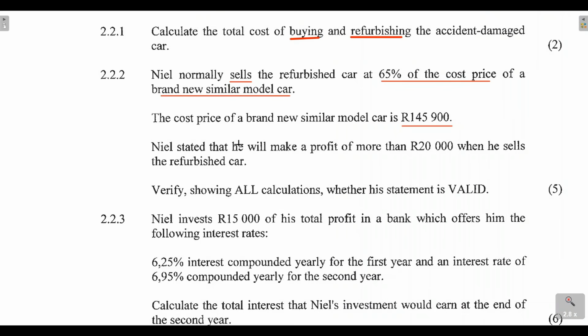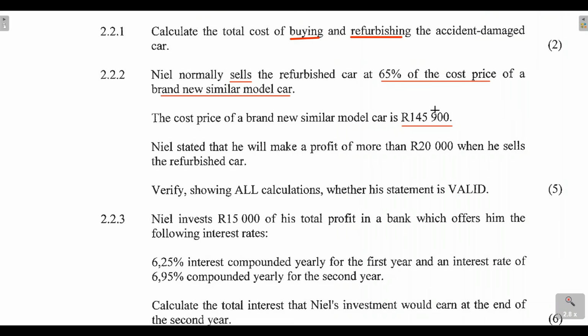Then we're told that the cost price of this brand new similar model car is 145,900. So Neil states that he will make a profit of more than 20,000 when he sells this refurbished car. Here we can already see we are dealing with calculating profit.